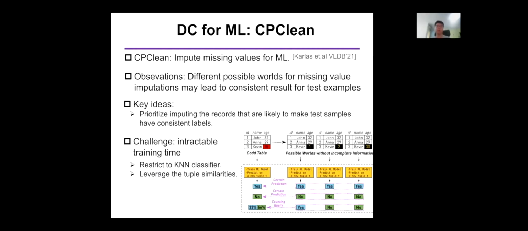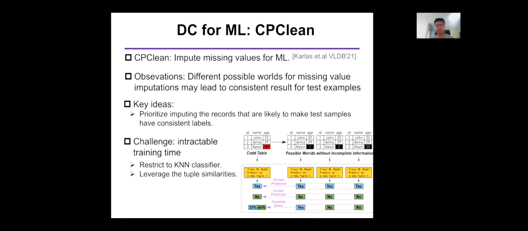We hope that the predicted labels of all models are relatively consistent for each tuple, so that fewer cleaning operations are necessary. So an ideal case is that all labels are the same for an example, and this example is called a certain prediction.